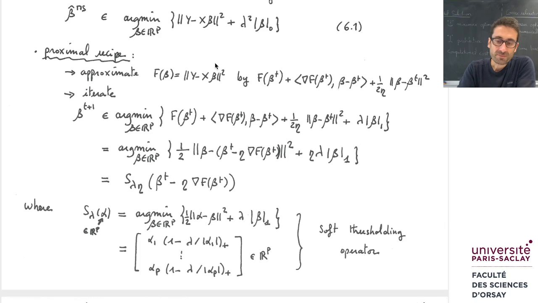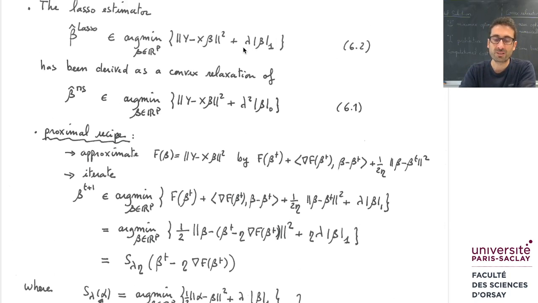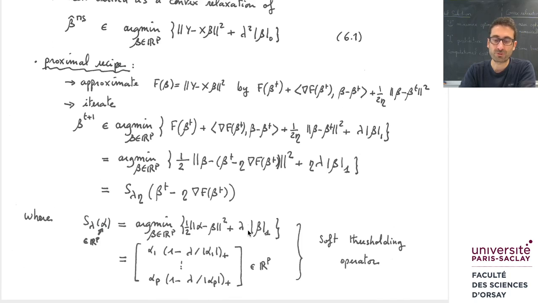At this point, it is nice to discuss some properties of the lasso, which can be seen both from the optimization problem and also from the iterates of the proximal method. What we have discussed is that the lasso estimator tends to shrink the solution beta towards 0, and this is something that we see on the soft thresholding operator.